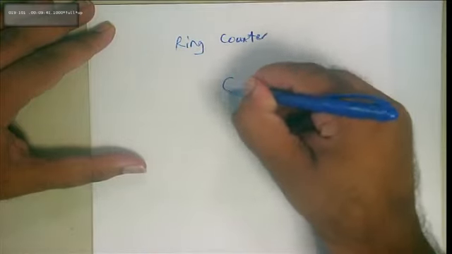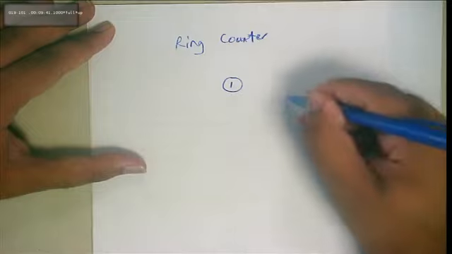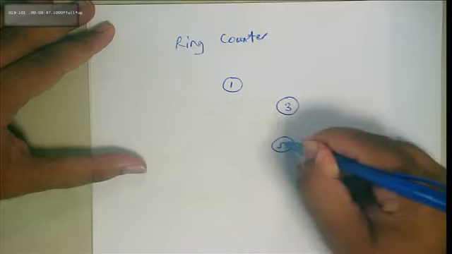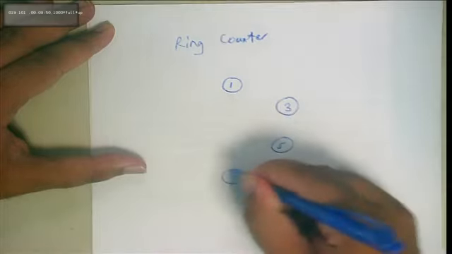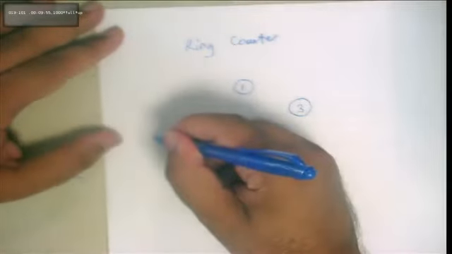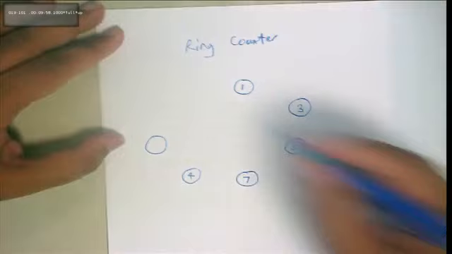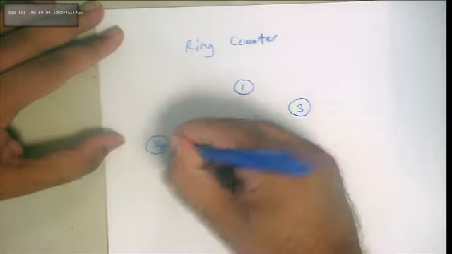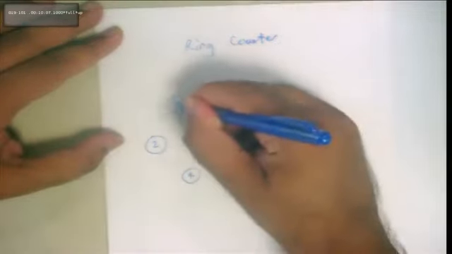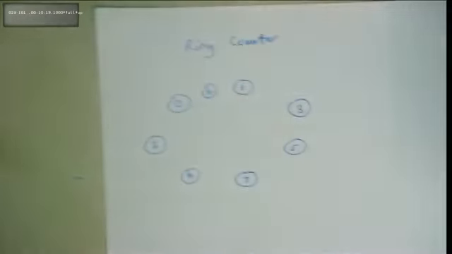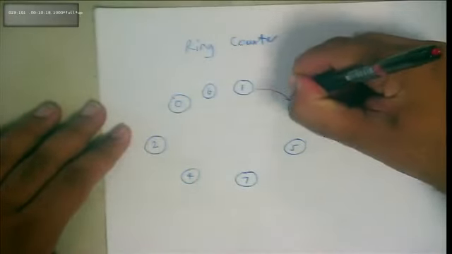First number was 1, then 3, then 5, then 7, then 4, then 2, then 0, 6. And what direction is it going in? So after every clock pulse, it's going in this direction.